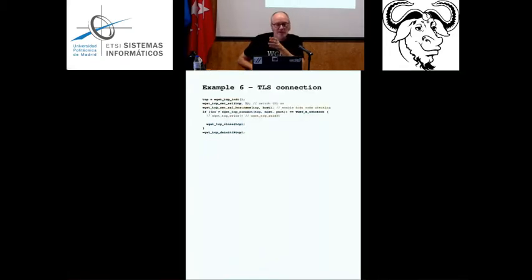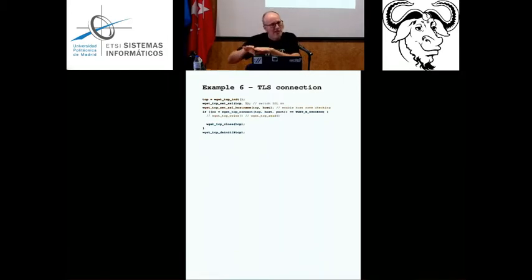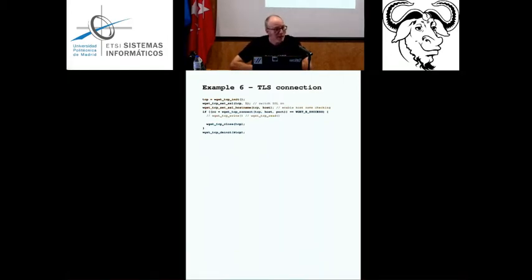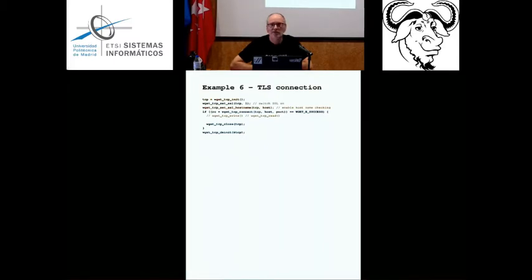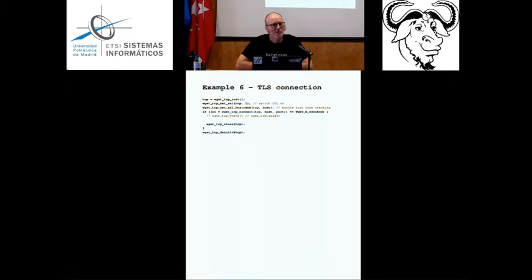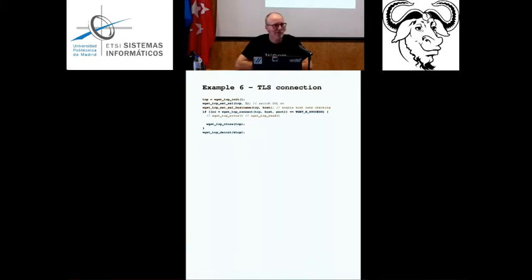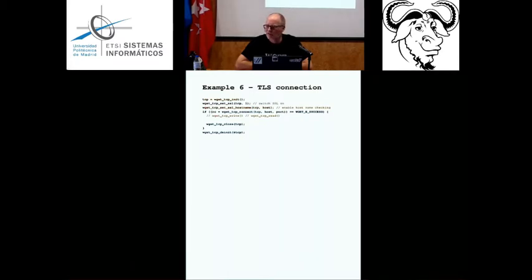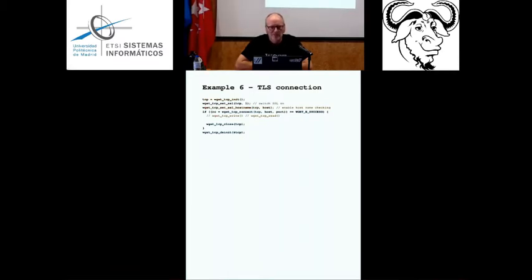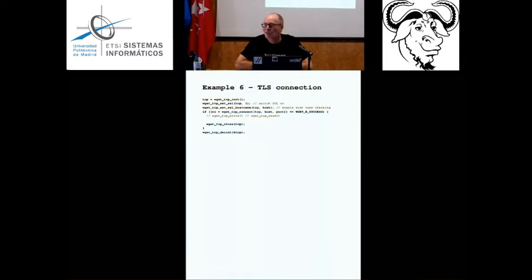Example 6, TLS connection on a network layer. Not HTTP related. POP3, for example, also has a TLS version. Give me some examples: where do we need TLS connections?